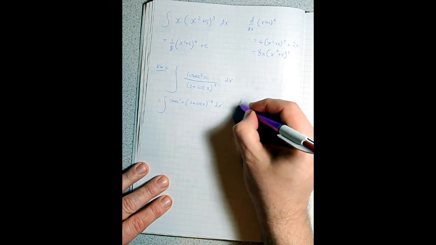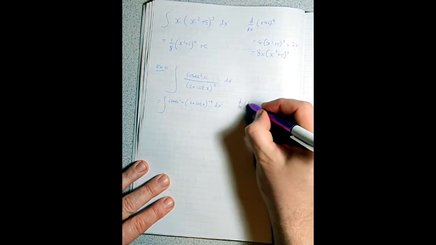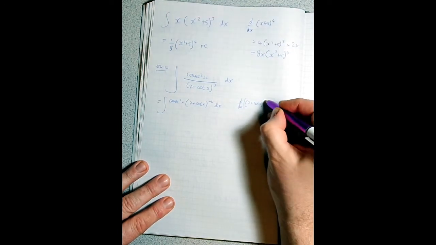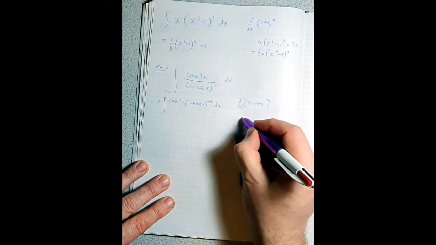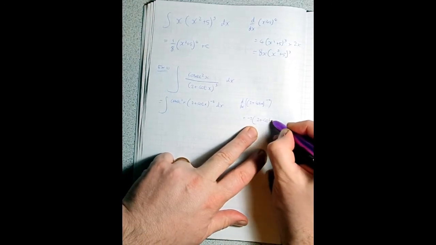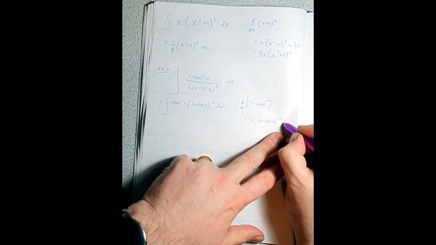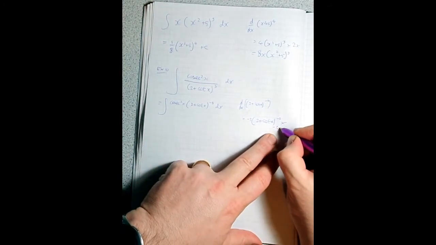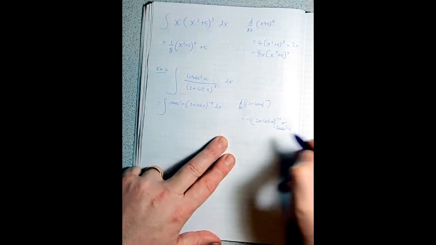So I'm going to differentiate 2 plus cot x to the minus 2. That'll give me minus 2 times 2 plus cot x to the minus 3, multiplied by the derivative of the bracket, which is minus cosec squared x.